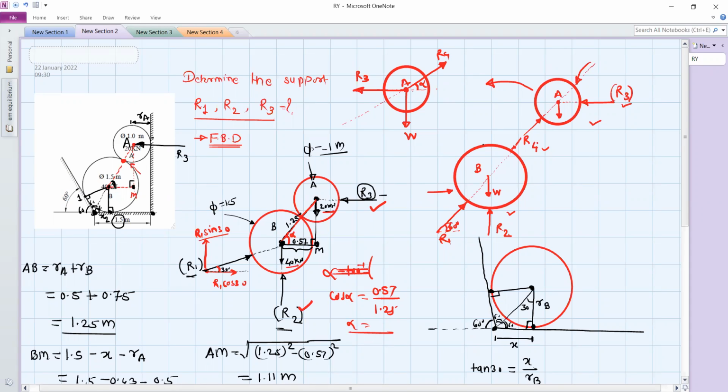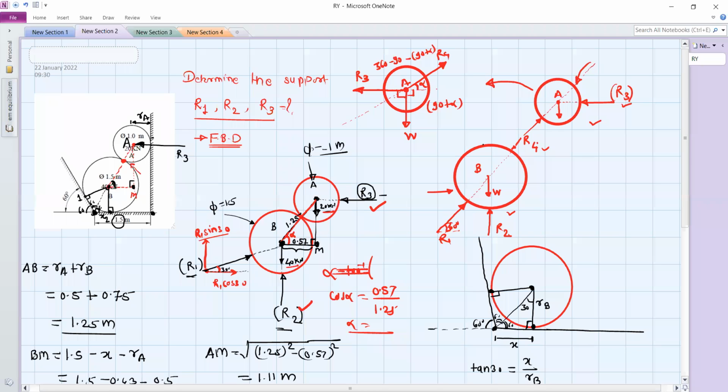This is 90 degree, so this total angle is 90 plus alpha. Now this total angle is directly 90 degree because R3 is horizontal, W is vertical, so the angle is 90. And this remaining angle will be 360 minus 90 minus (90 plus alpha). Okay. And then use Lami's theorem.